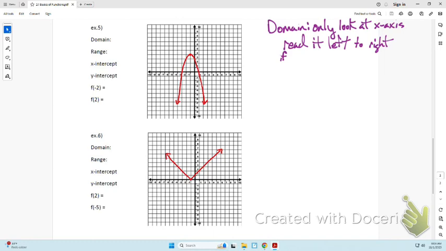If the graph goes forever left and forever right, then all real numbers.